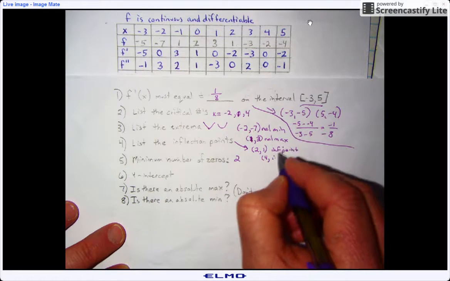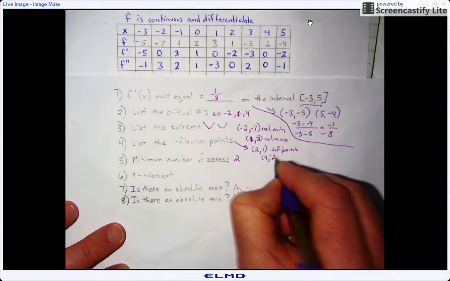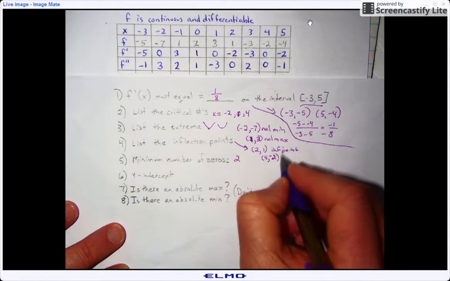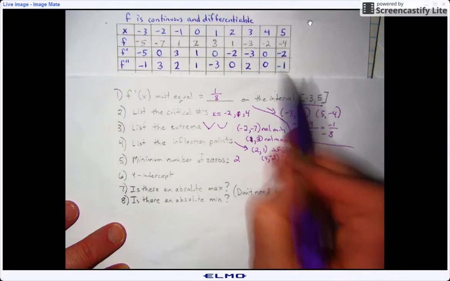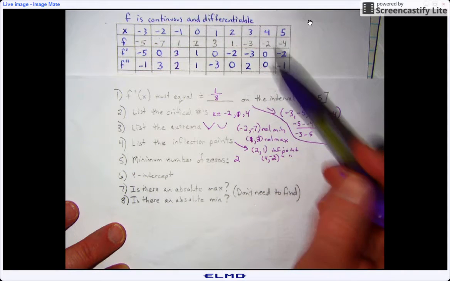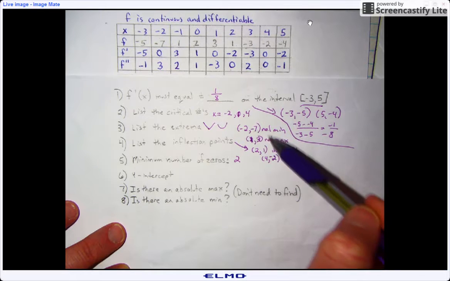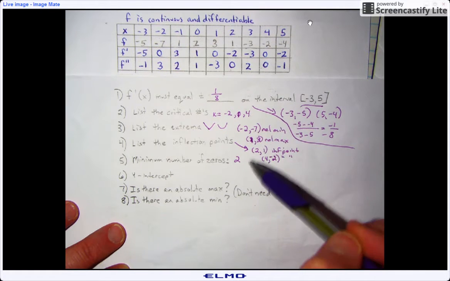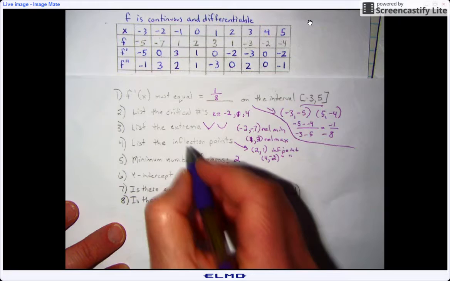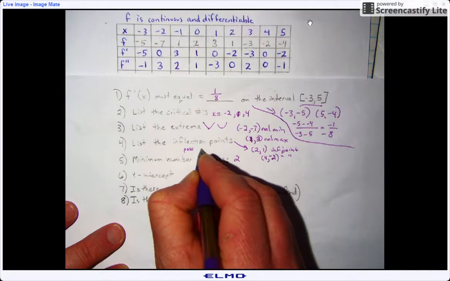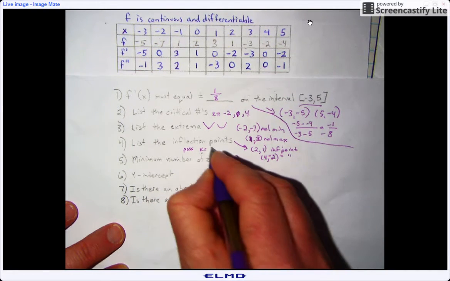And the y value there is negative 2. Often those are shelves. We don't really know enough to see what that looks like. So our critical number that wasn't a relative extrema showed up again as a possible inflection point and ended up being an inflection point.